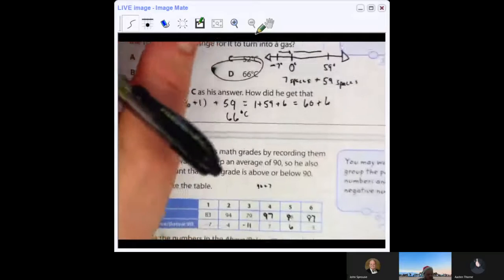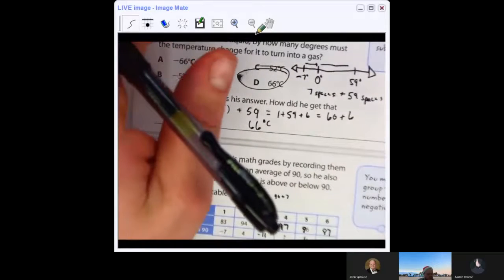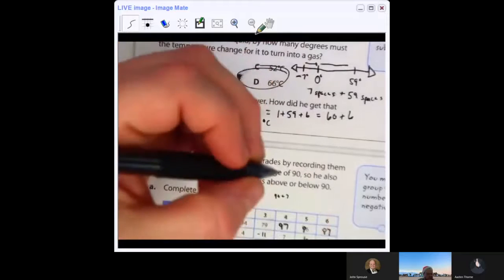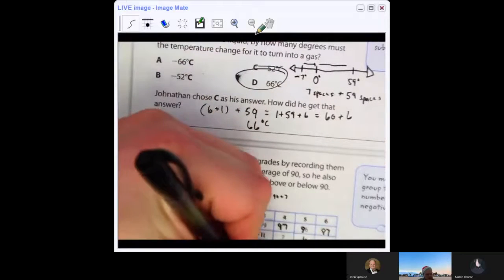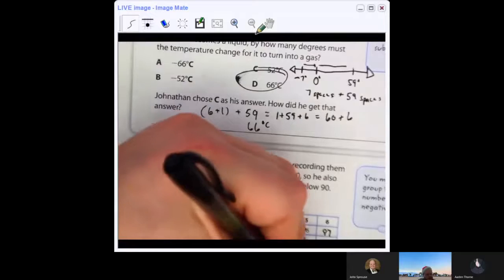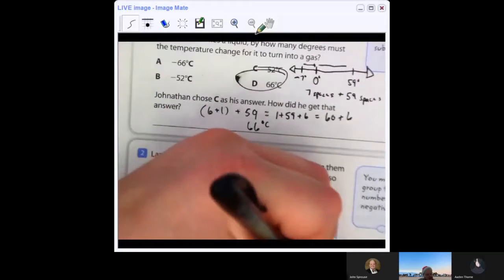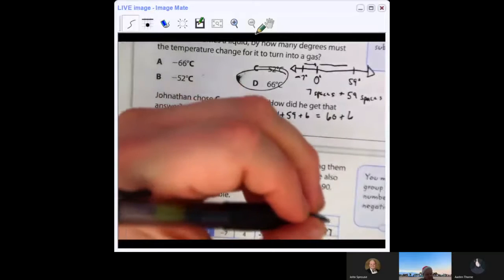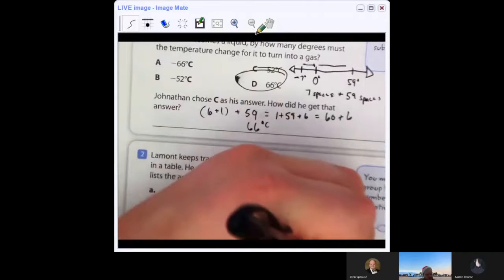Now use the numbers above to find out whether Lamont's average is below or above 90. So I have 83 plus 94 plus 79 plus 97 plus 96 plus 87.